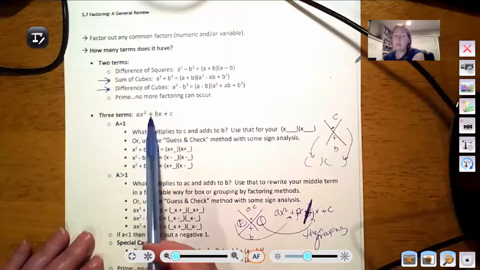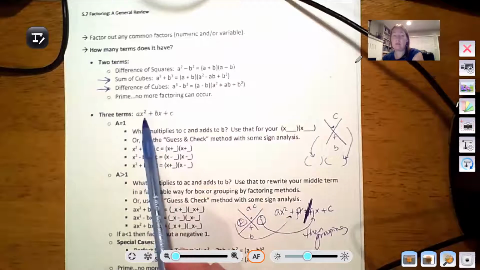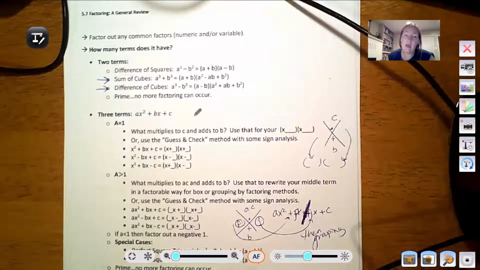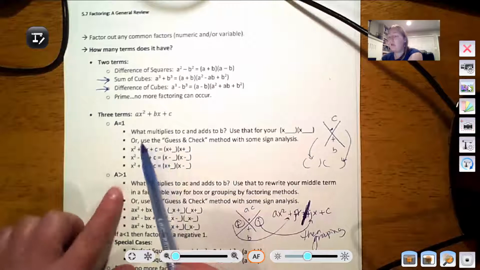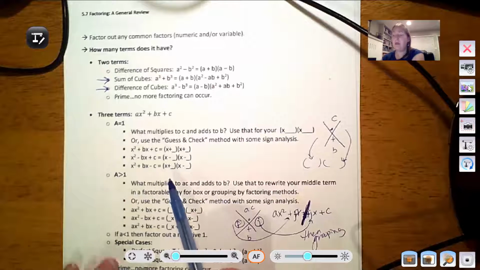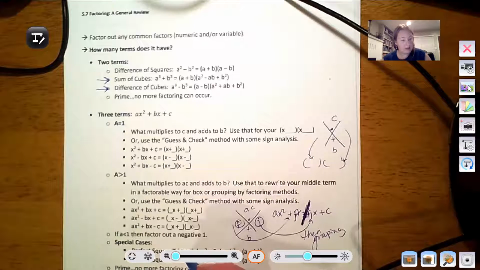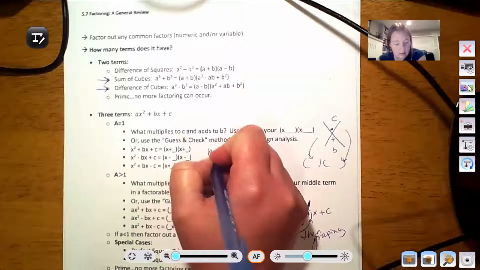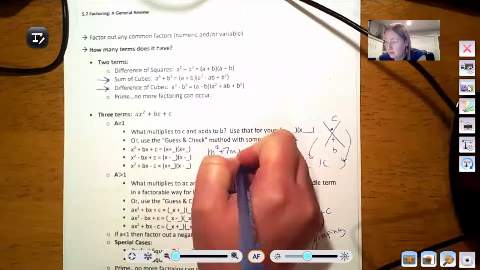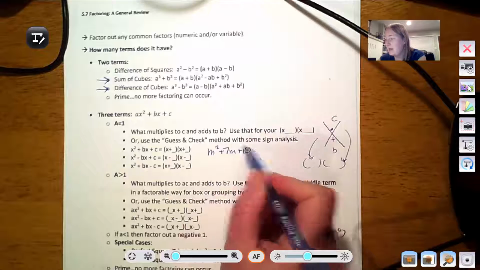When there's three terms, we're going to be dealing mainly with quadratics, not exclusively, but mainly quadratics. And when the leading coefficient, the A, is 1, we can see what multiplies to that C value and adds to your B. So in other words, if I had something like m squared plus 7m plus 10, I could say, well, what multiplies to 10 and adds to 7?